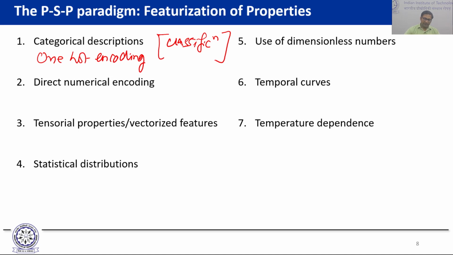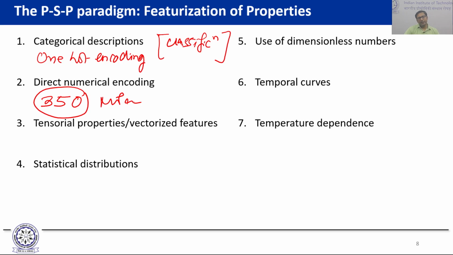Then once again, just as in the case of the process parameters, you can have direct numerical encoding. So here, for instance, if you are looking at mechanical properties and you do a measurement of the yield strength, and that comes out as a 358 MPa type of value, now what you basically do is you have got a numerical value with which you can train your model. So you can have a numerical feature.